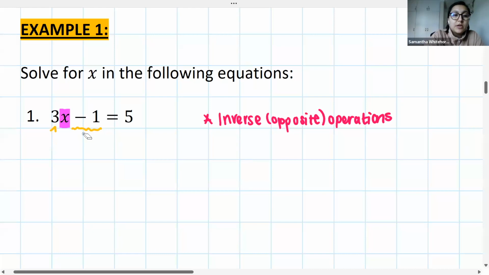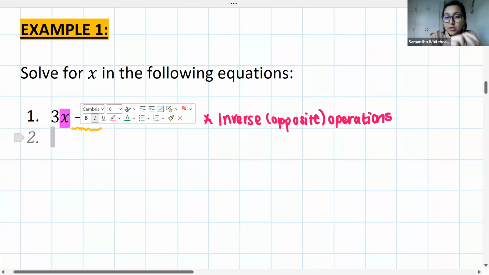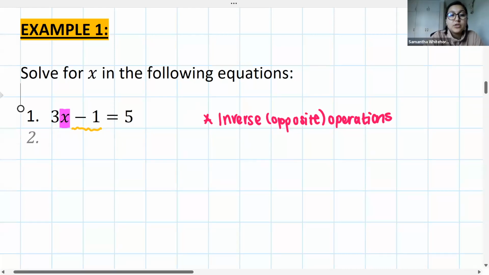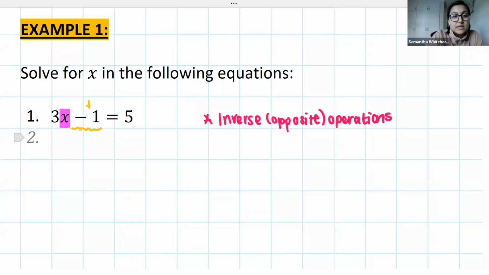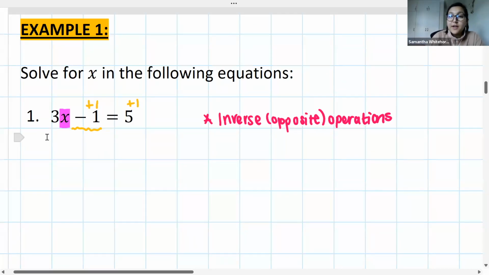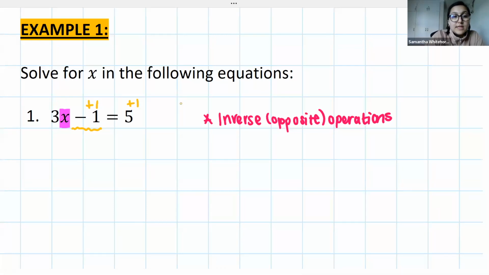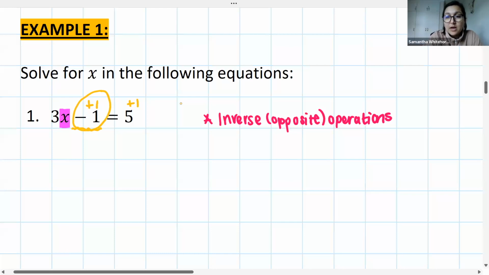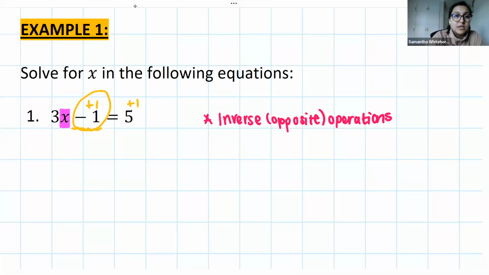So the first thing I'm going to try and get rid of is this minus 1. To do that, we use our inverse operations. I want to add 1 on both sides of my equation, because that's going to cancel it out on the left, but bring it back on the right. The reason it cancels it out is because plus 1 minus 1 is 0. So that's how we get rid of that minus 1.